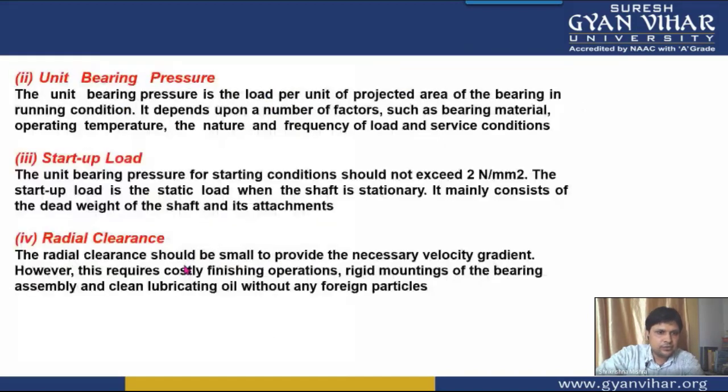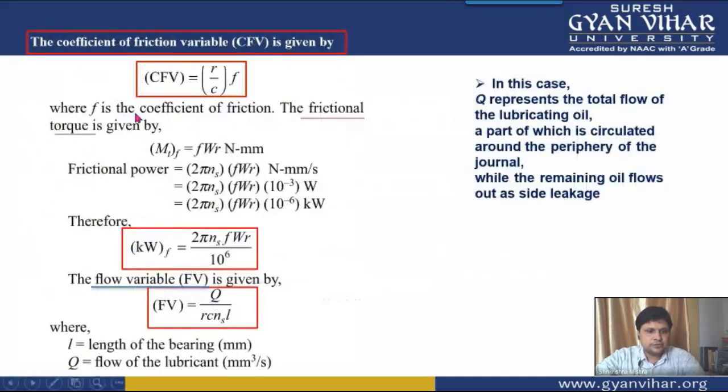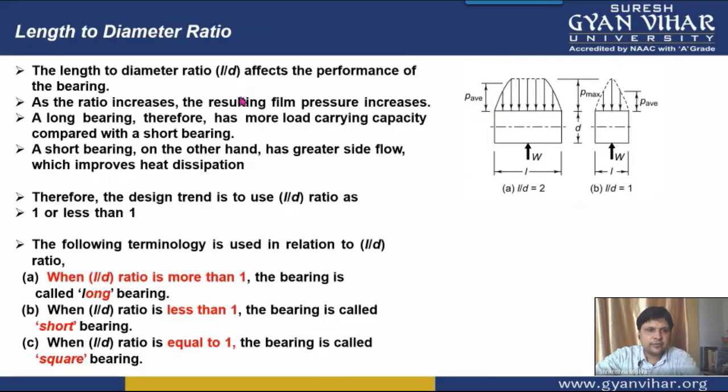Let me move into the previous slides. This is the value, students, as I have told you in the discussion. R by C into F is the coefficient of friction variable, and flow variable is Q upon R C N_s into L. These two values directly from the chart table, we have seen. So directly these values we will put in the formula of rise in temperature.